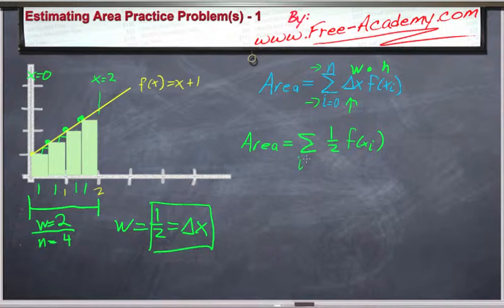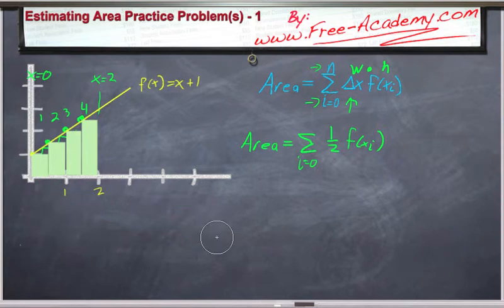We'll take it from i equals 0, because that's a gimme, and we're going to do a total of 4 rectangles: 1, 2, 3, 4. But if we're naming them starting with 0, this is actually 0, 1, 2, 3. So we're going to be summing from 0 to 3.